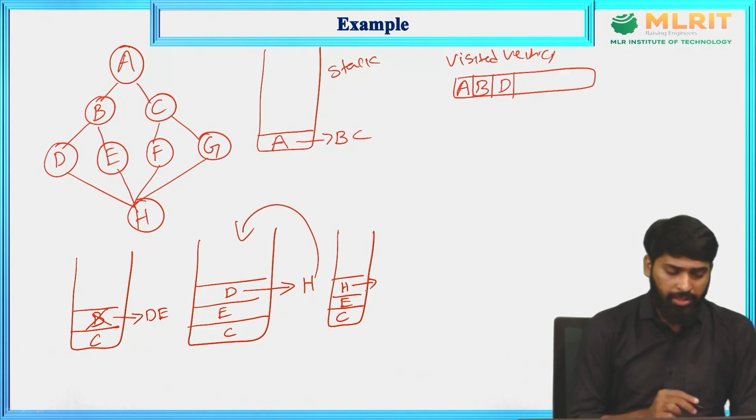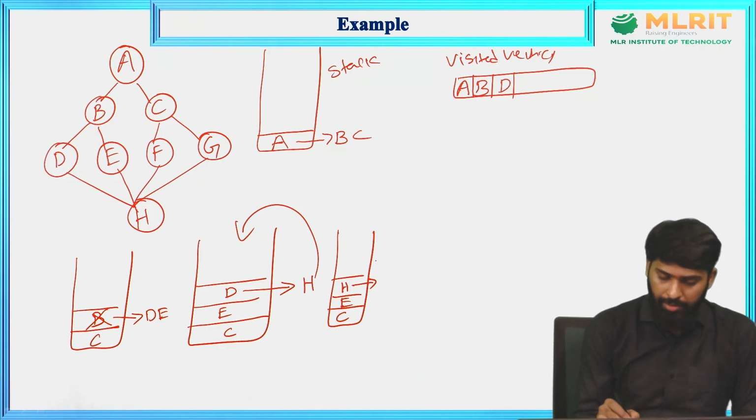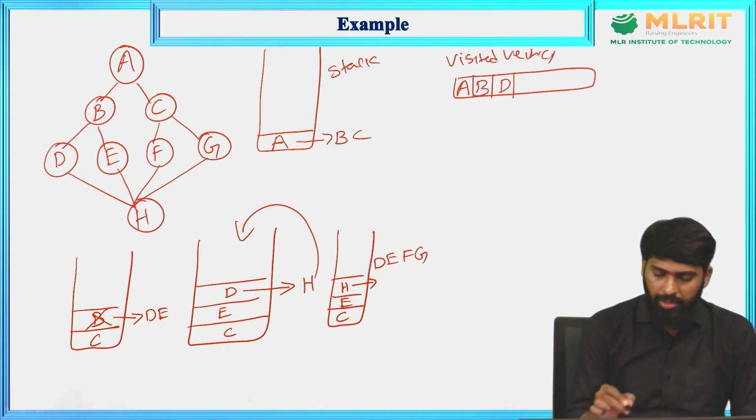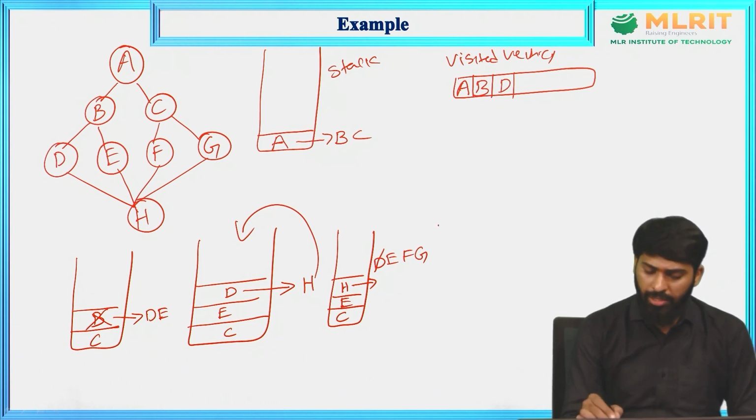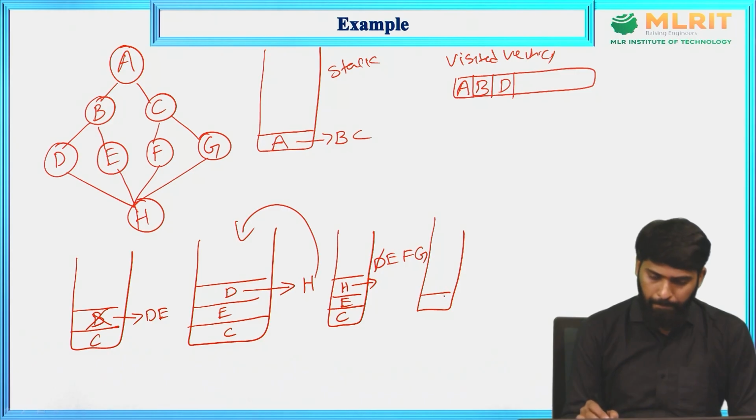H's adjacent vertices are D, E, F, G. D is already visited, so ignore. Remaining E, F, G are pushed into the stack, and make this H visited. So it becomes C, E, G, F, E here.